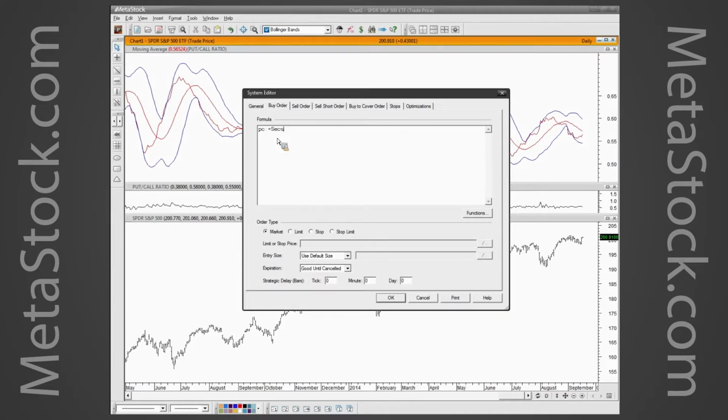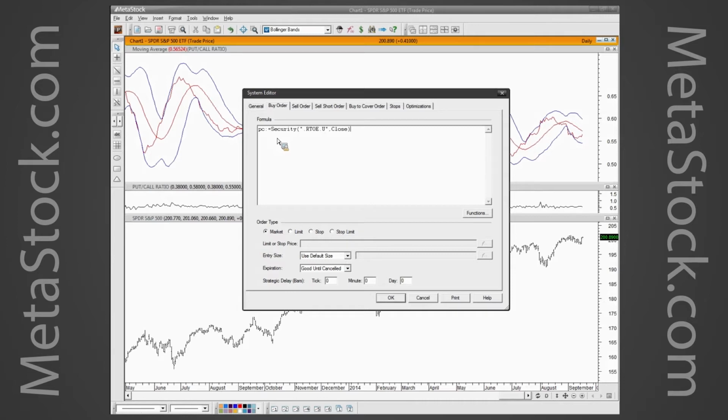And then we go ahead and we write our formula to load the data for that, which is just the word security followed by an opening parentheses, open quotation marks, and then we type in the ticker symbol, close the quotation marks, then a comma, and then a data array field, which in this case we're going to use the closing price, and then we close that with the closing parentheses.